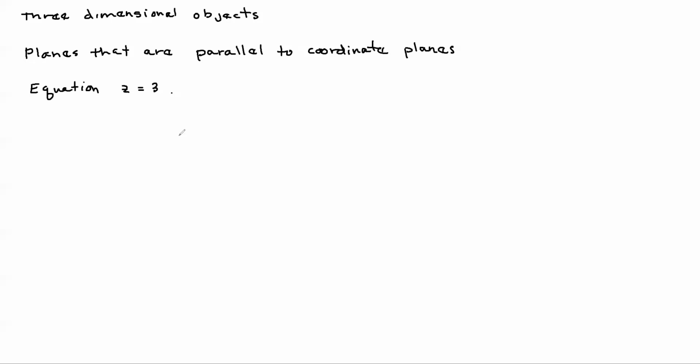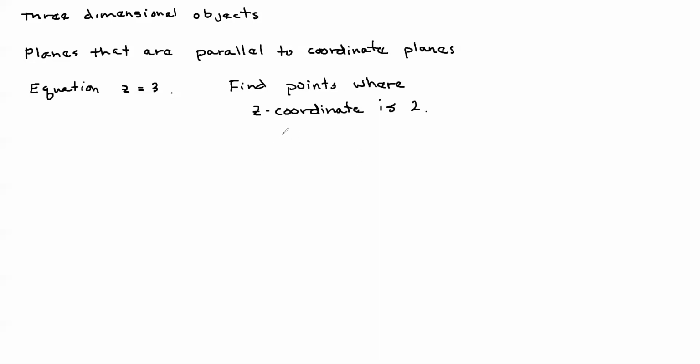Okay, so what this tells us is we want to find points where the z coordinate is 3, or plot points maybe would be better. Right? So since x and y are missing, that means that x and y could be anything, and it would still satisfy the equation, right?